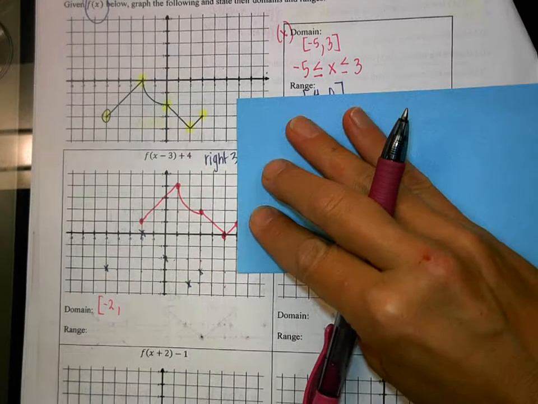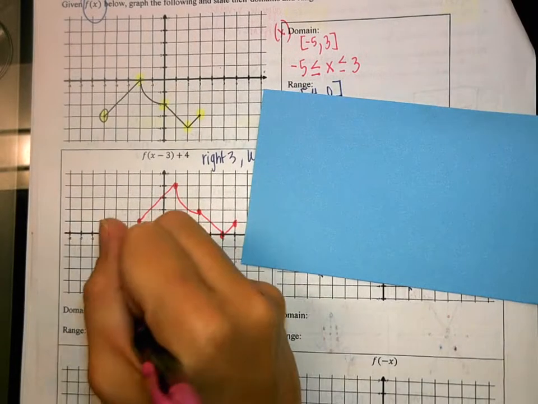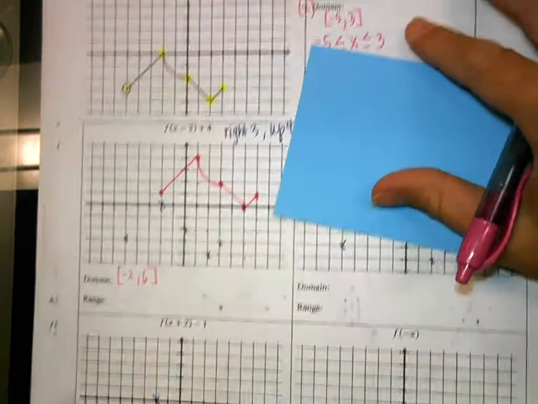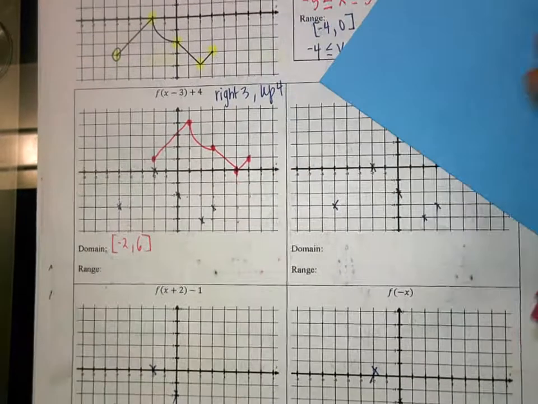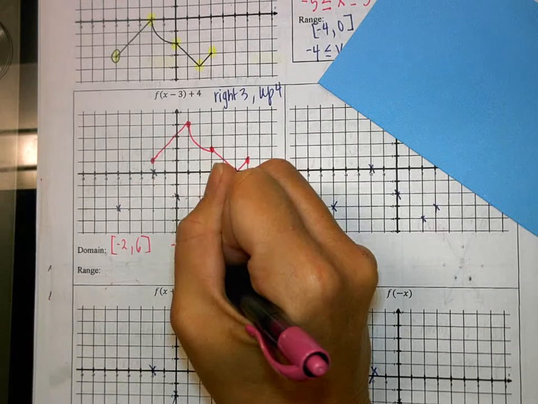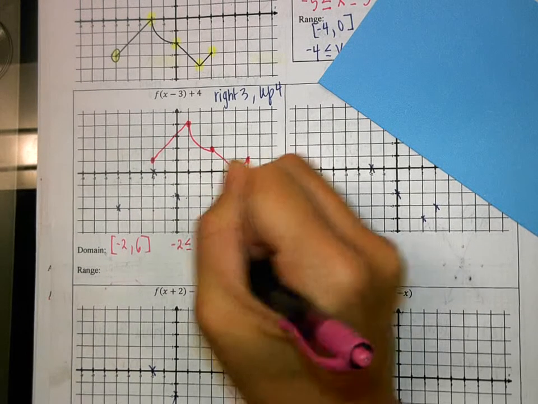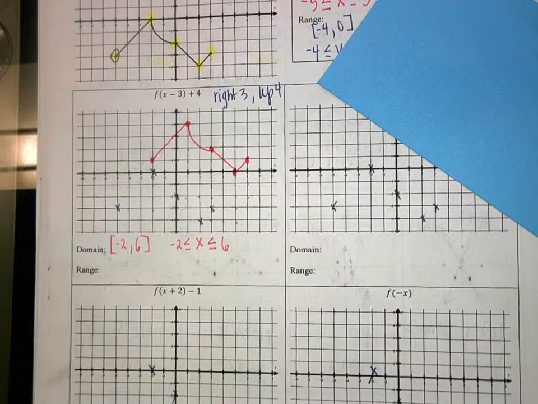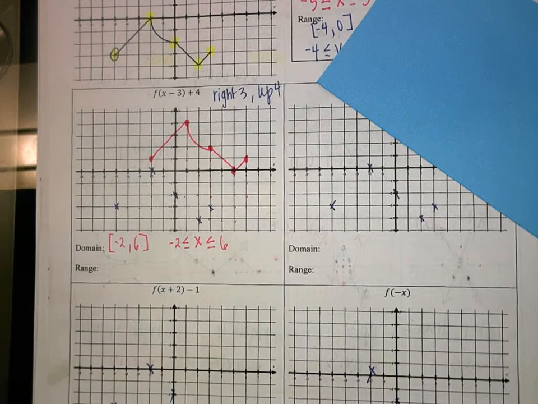The largest one there is at 6. Okay? Can you guys write that in inequality form? It would be what? Perfect. Good job. -2 is less than or equal to x is less than or equal to 6.